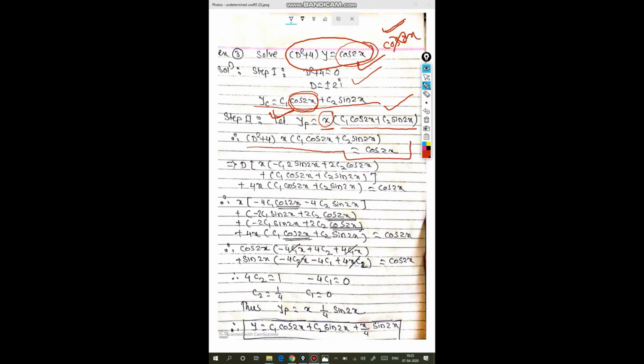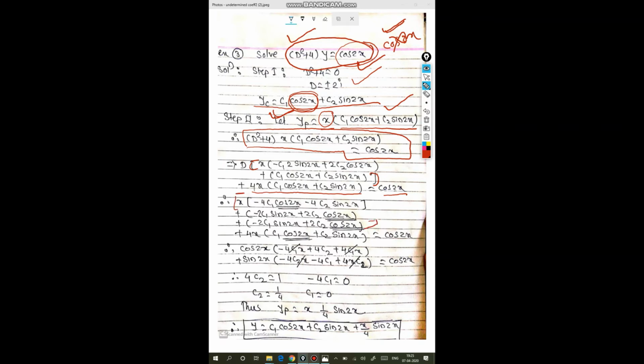Now we have to just substitute this yp in the given equation. One derivative we took here, with the product rule for x times the function, and then plus 4 times that yp. So 4 times yp is here, cos 2x as it is. The second derivative is taken here.